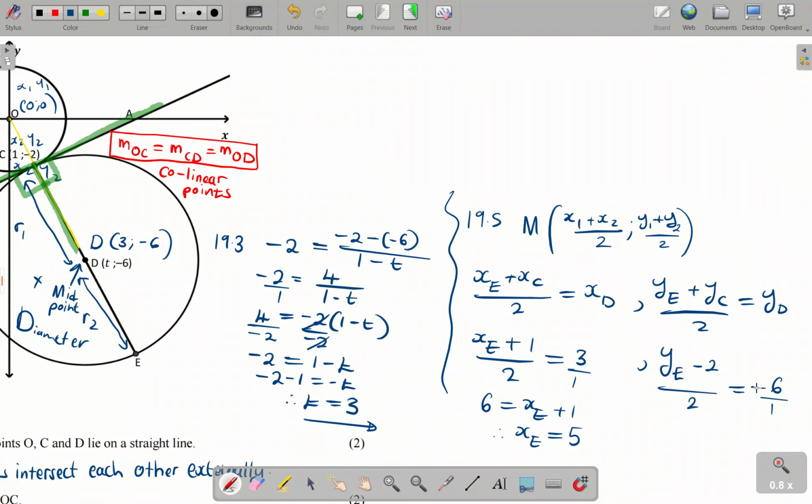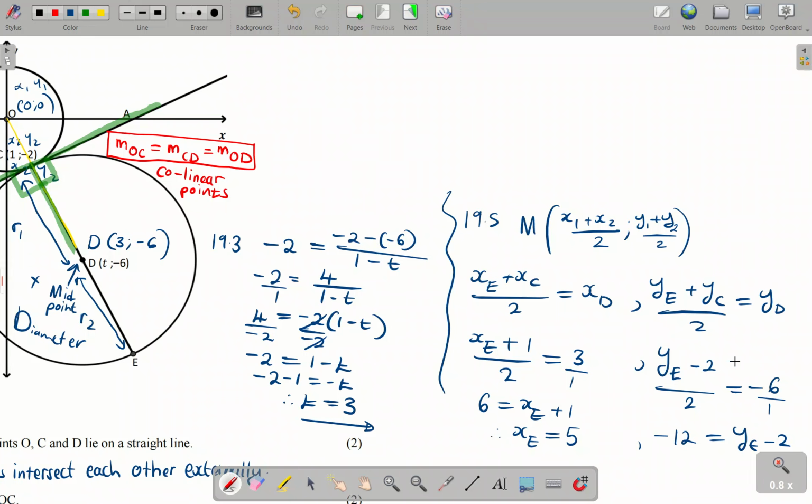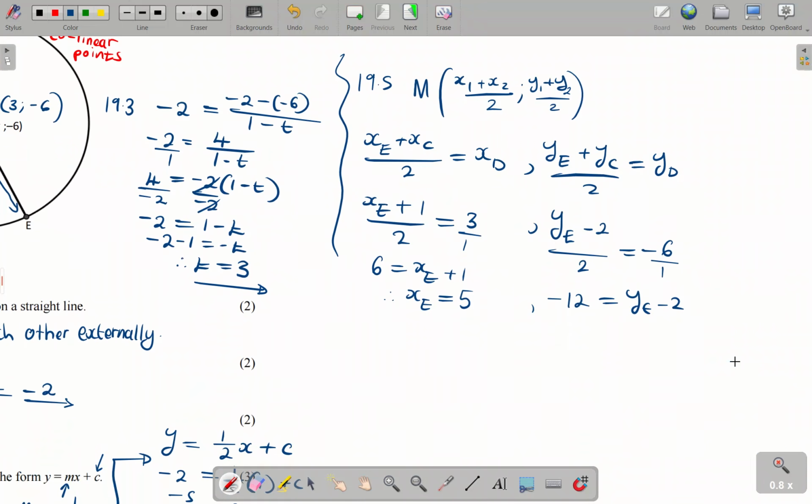Cross multiply, negative 6 times 2, that's negative 12. And then this will give you y-e minus 2. So now, negative 12 plus 2, when you take this to the left, therefore y-e is simply negative 10.